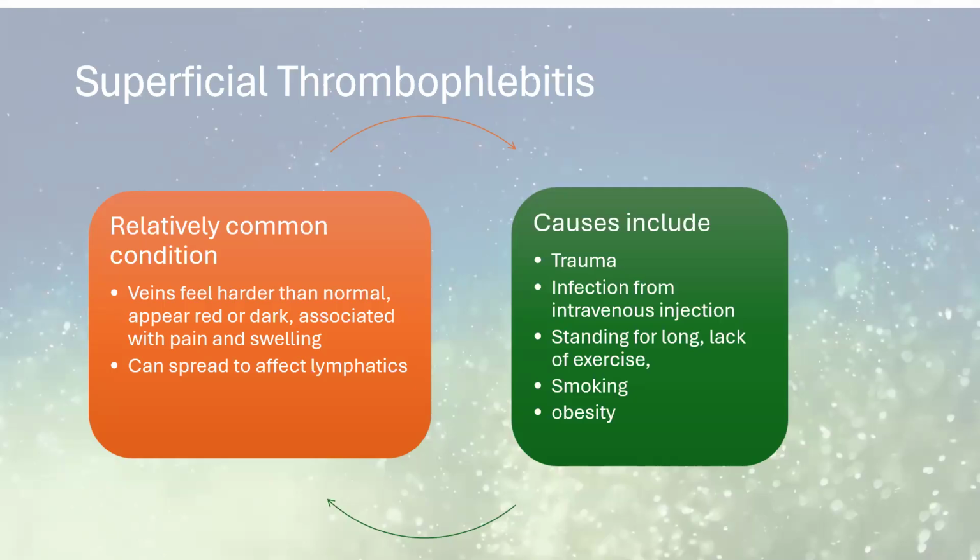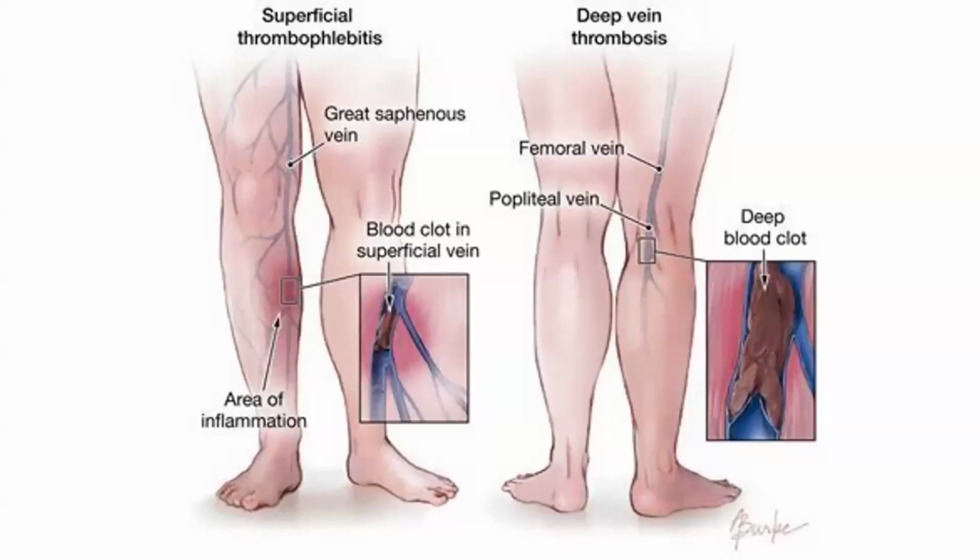It can also be as a result of smoking. The inflammation in the vein can be due to smoking for a long time. Or it could be due to obesity. Overweight and obesity can result in superficial thrombophlebitis.